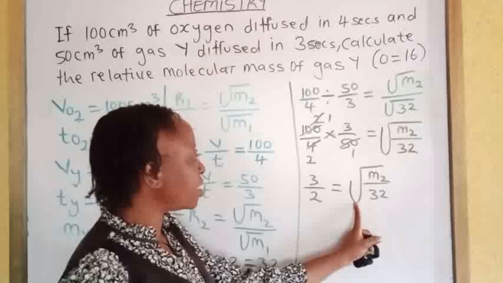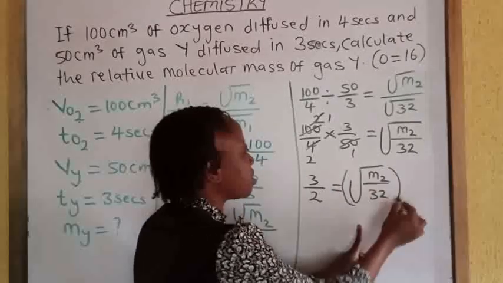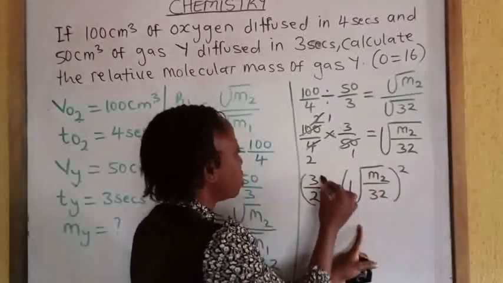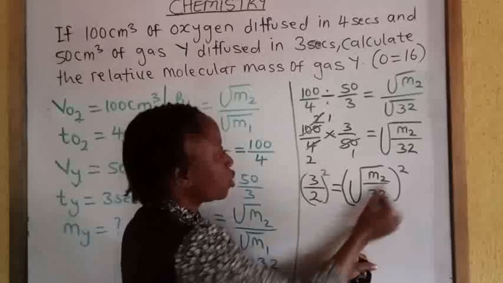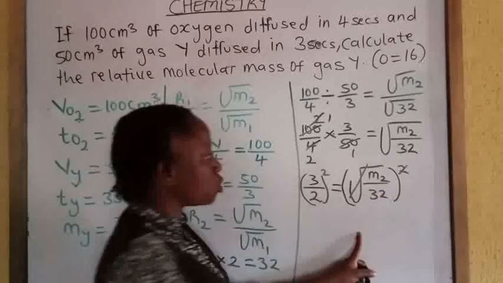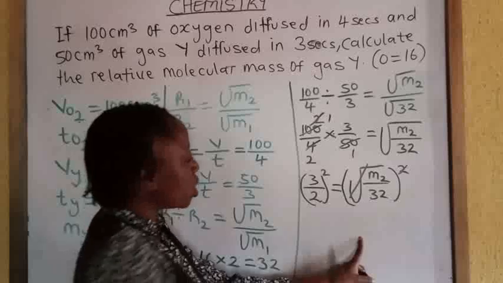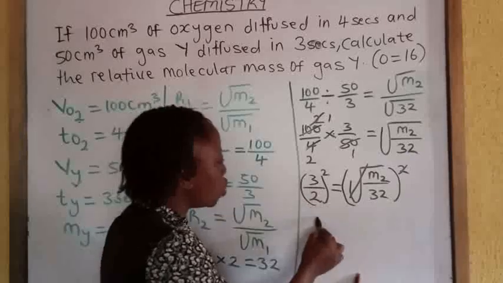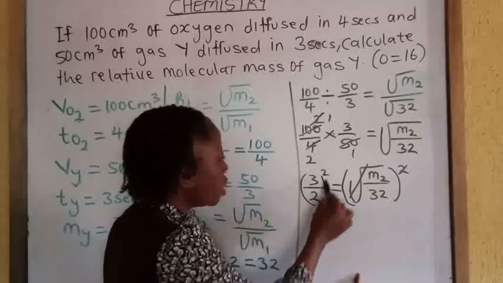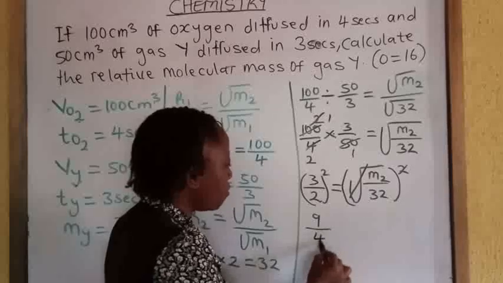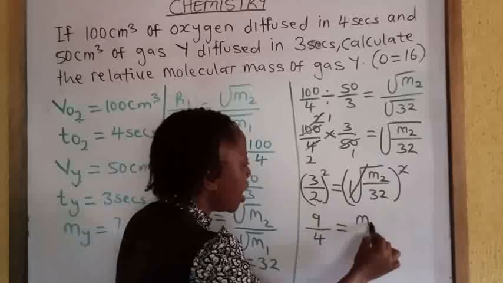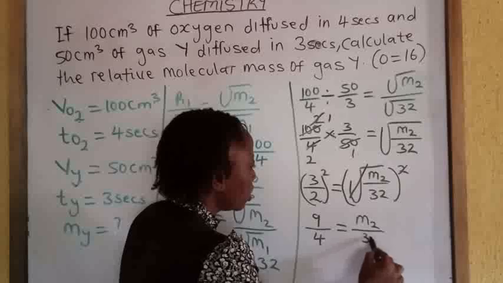So we square both sides. We square this side, then we square this side, so we cancel the square root. So 3 raised to power 2 gives us 9, and 2 raised to power 2 gives us 4, which equals M2 divided by 32.